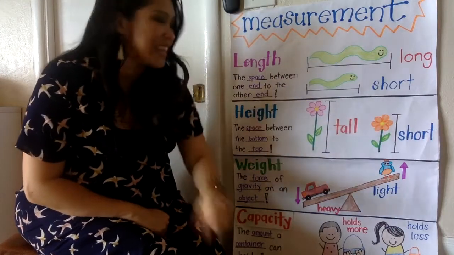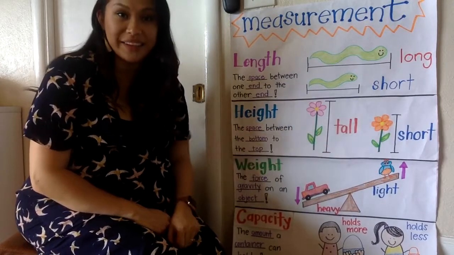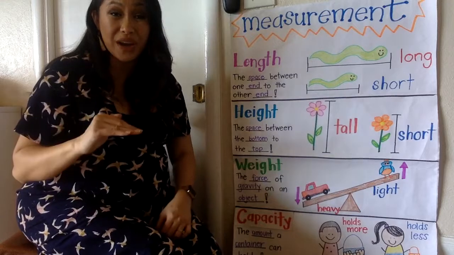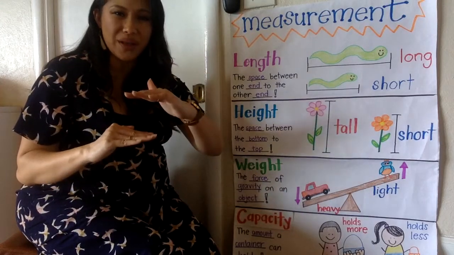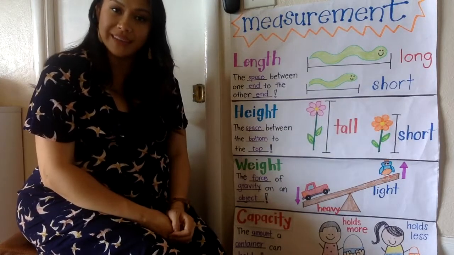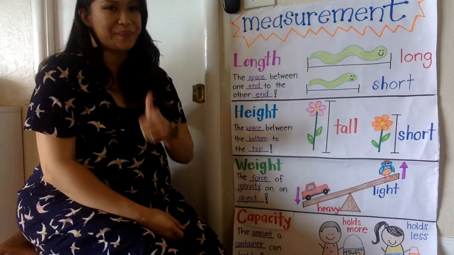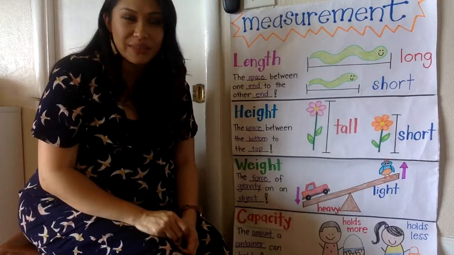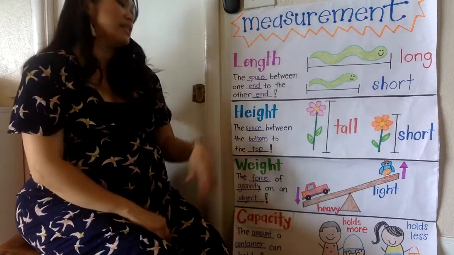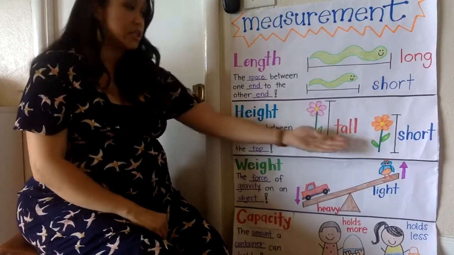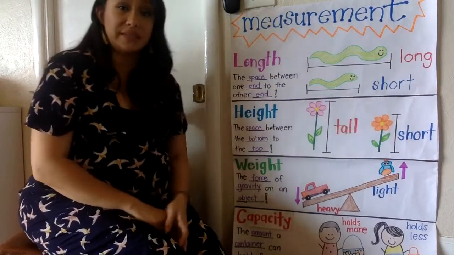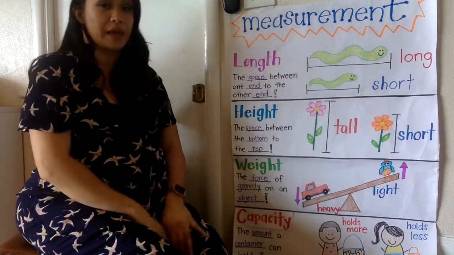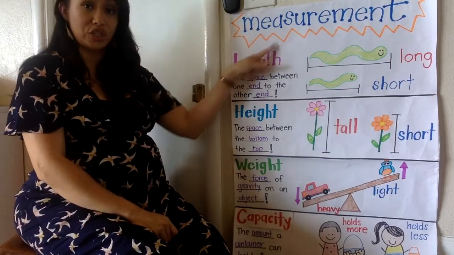Wow, good thinking. Tall. You're right. And if the space from the bottom to the top is small, what would we call that? Yep. Short. Oh my goodness, you guys are definitely growing those mathematician brains. Great job. So with height, we use the words tall and short to describe the space between the bottom and the top.